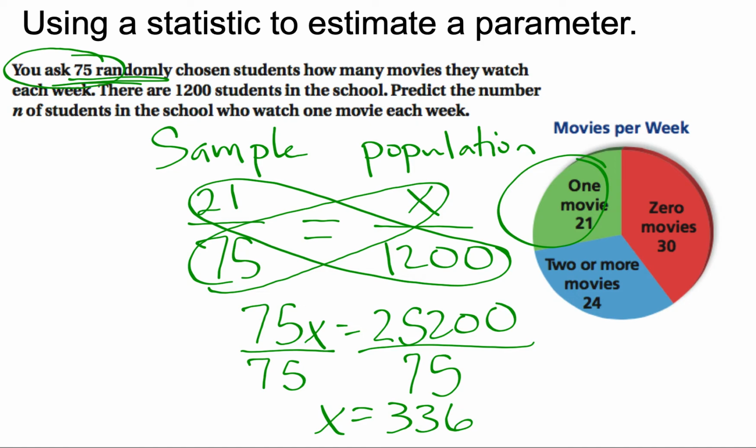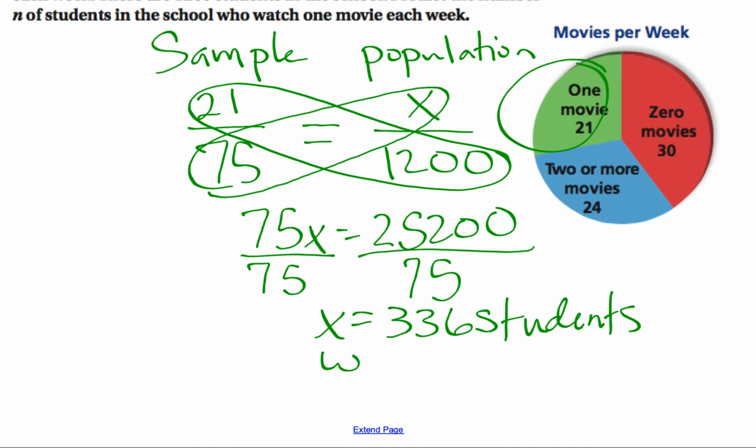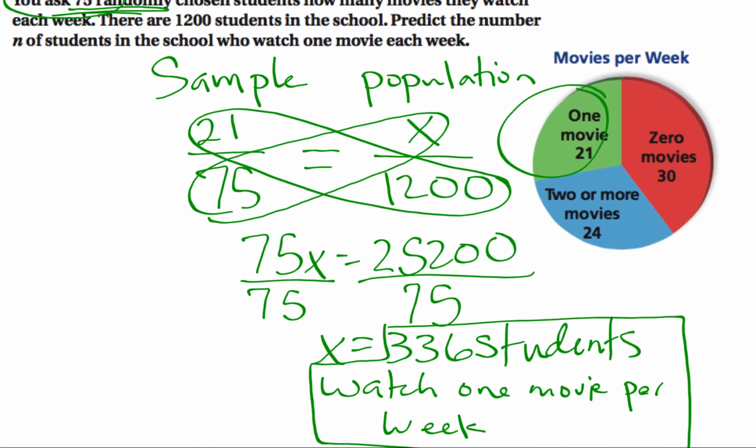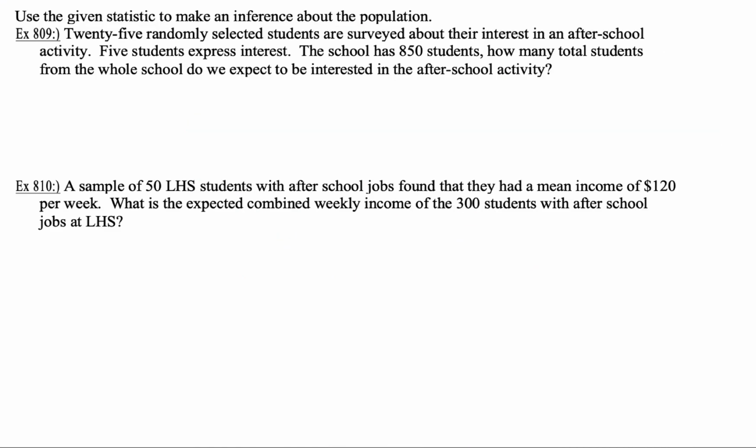So we would expect 336 students to watch one movie, was it per week? Yeah, one movie per week. So that's the estimate. 336 students watch one movie per week. Now, if the actual parameter for the school is that 350 students watch one movie per week, that would be reasonable. It's pretty close to 336. But that's how statistics work.